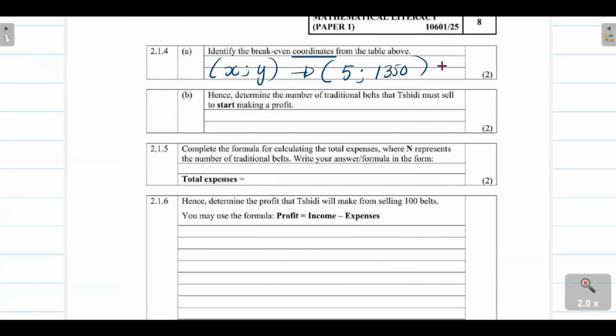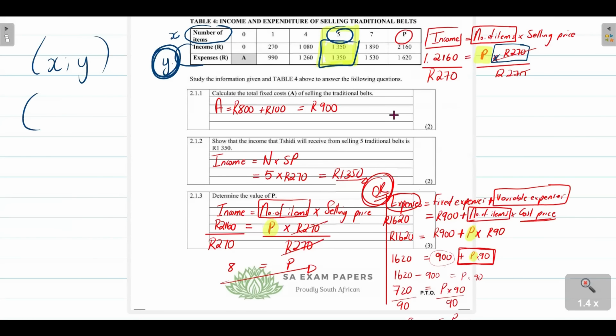B. Hence, determine the number of traditional belts the UTD must sell to start making a profit. With this question, what did I say on Monday? I think we should look at the break-even point. After the break-even point is when she will start making the profit. Okay, but what did I say specifically?